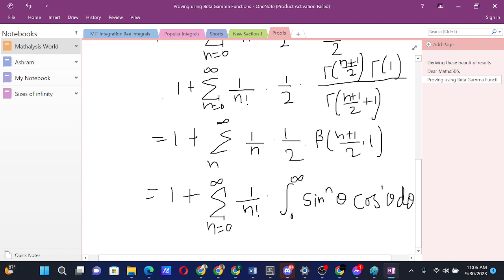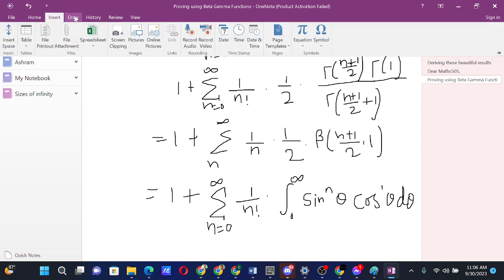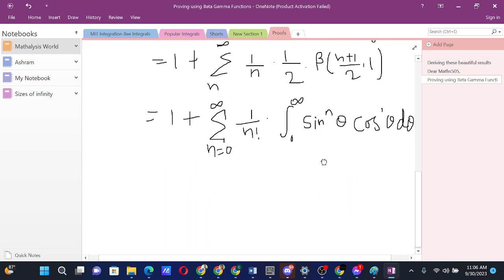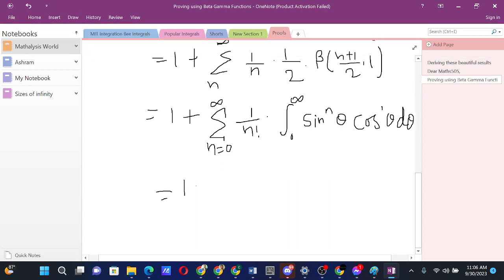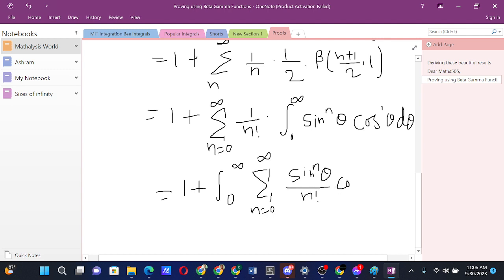Now we have this, and now we can move the summation inside the integral. 1 plus the integral from 0 to infinity of the summation from n equals 0 to infinity of sine to the power n theta by n factorial times cos theta d theta.